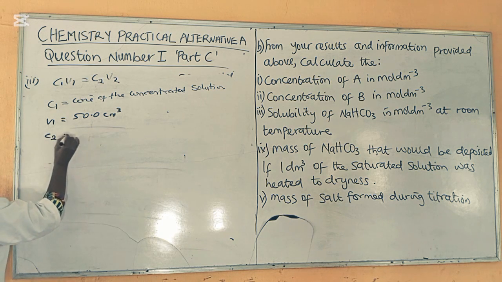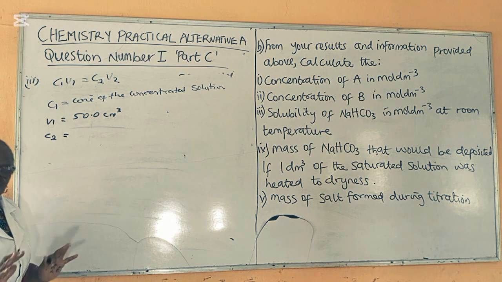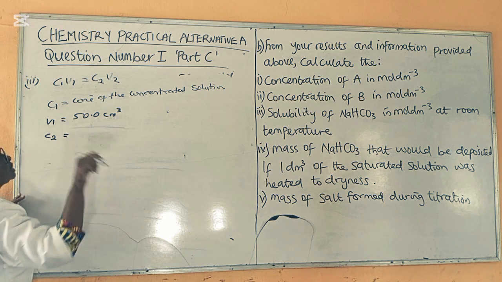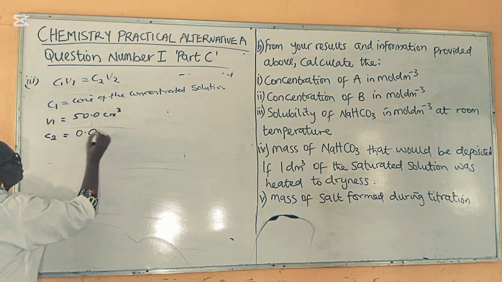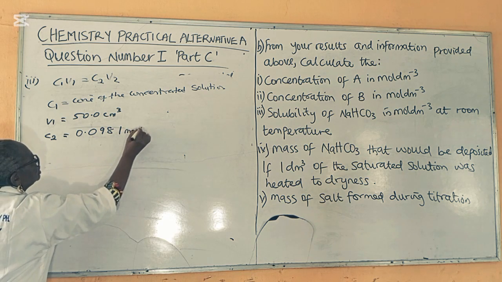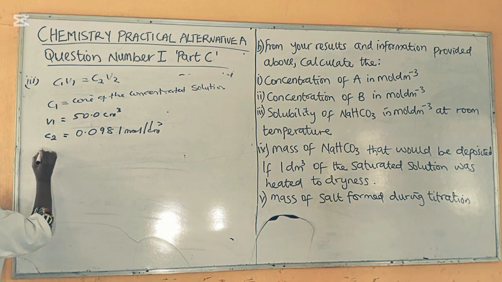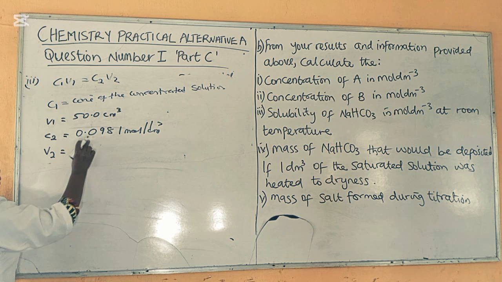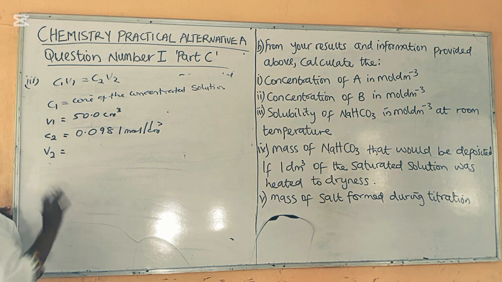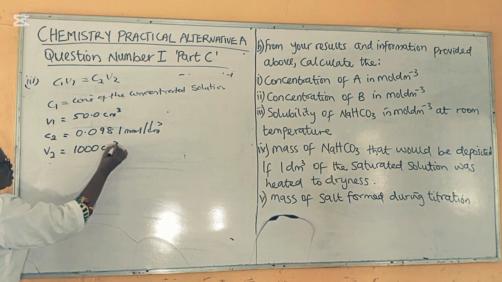Then C2 is your CB, the concentration of the diluted base, 0.0981 mole per dm³. V2 is the final volume, 1000 cm³, which is 1 dm³.